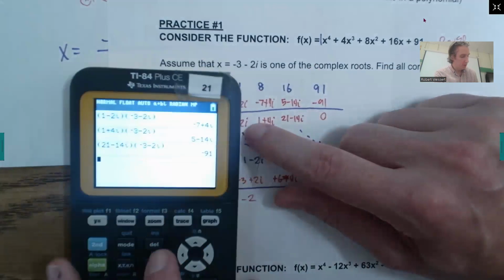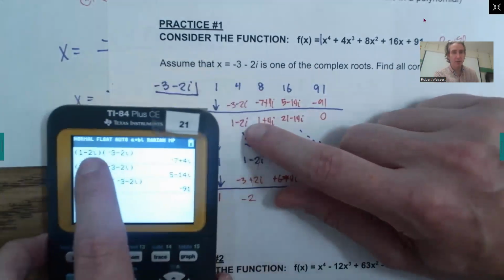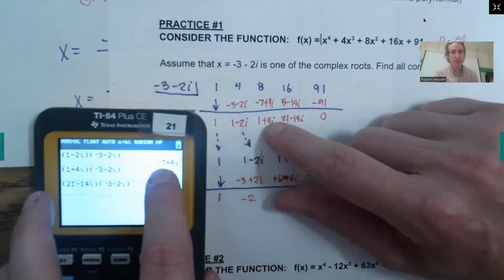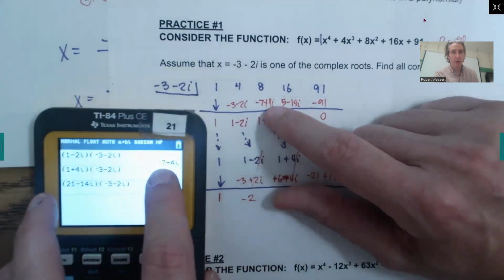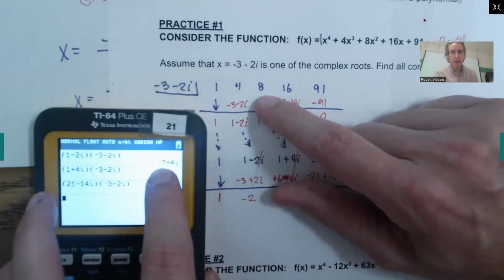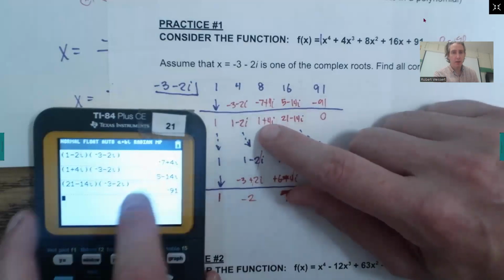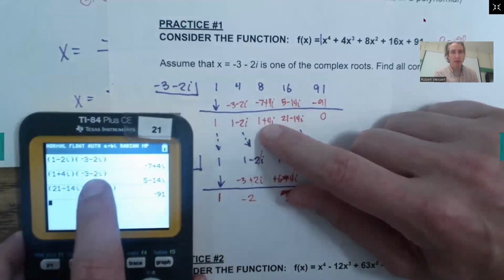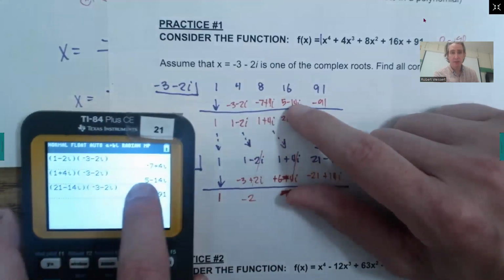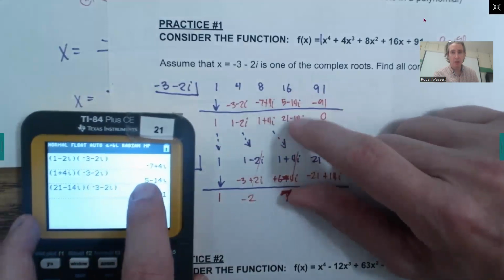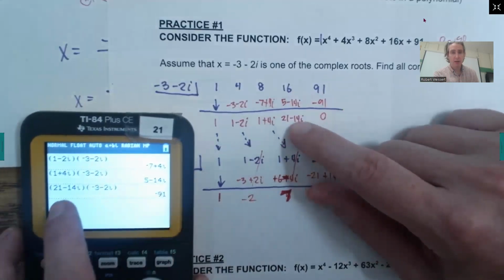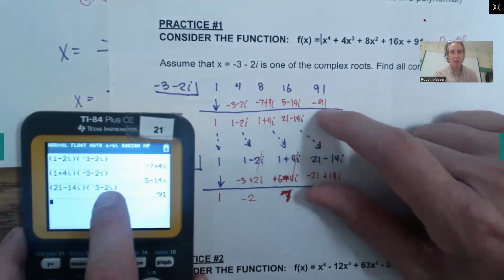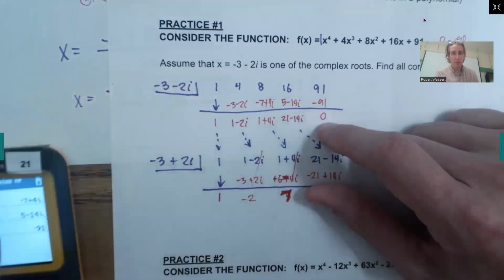You can see up here. 1 minus 2i times negative 3 minus 2i will give you negative 7 plus 4i, which goes there. Add that down. That's just going to give you 1 plus 4i. And then I multiplied again times negative 3 minus 2i to give me this. Added down, that's 21 minus 14i. Multiplied by negative 3 minus 2i to give me negative 91, 0.